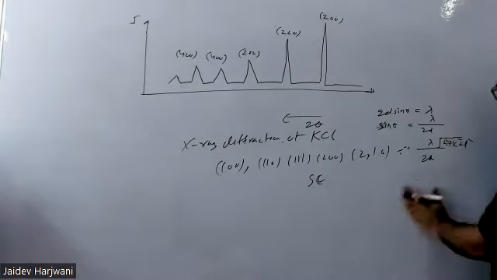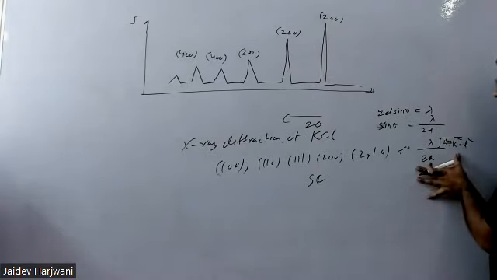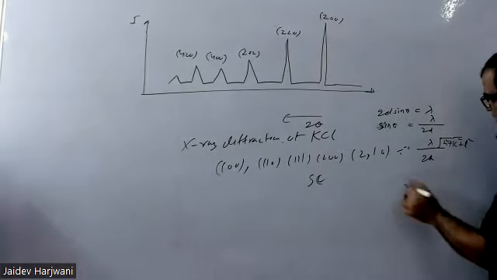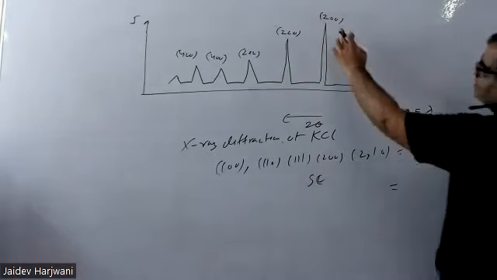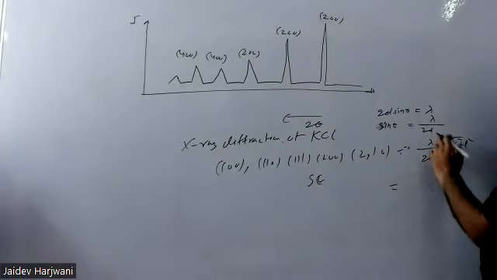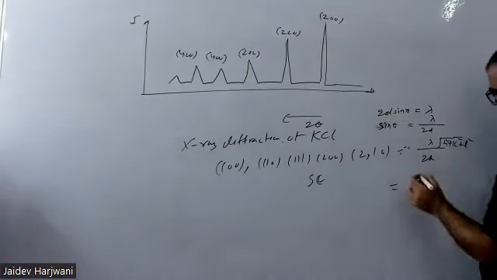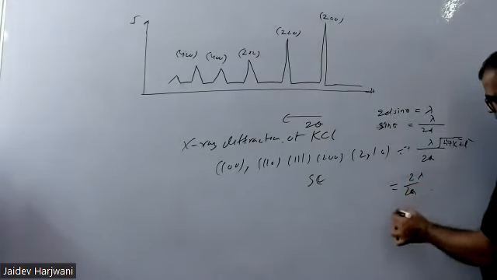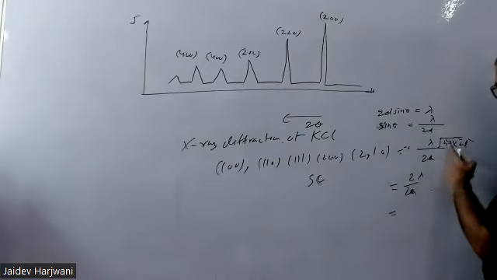See, if this is your sin theta, now if you write peaks as 200, 220, what will come? Always some factor of 2 will come. If I write 200, then 2 lambda over 2a will come. If I take 220, 4 plus 4 is 8, which is 4 into 2, so 2 root 2.